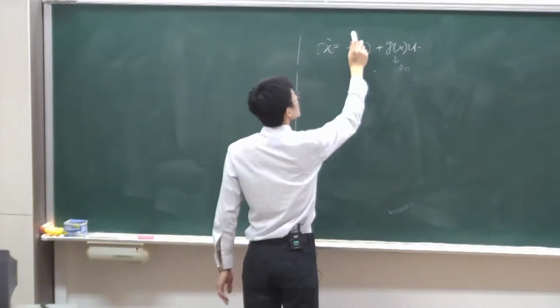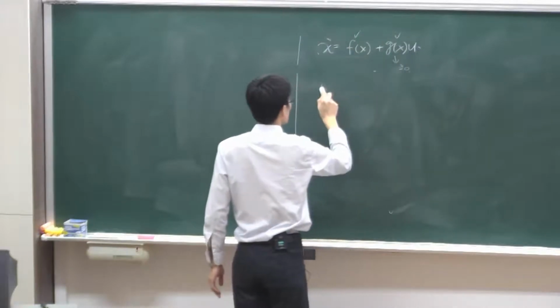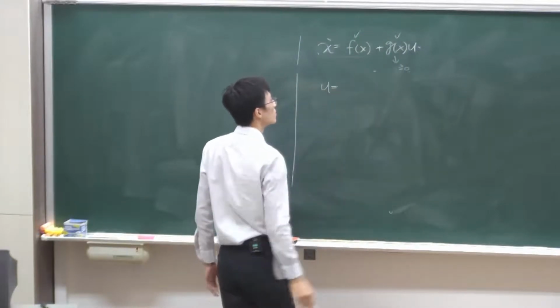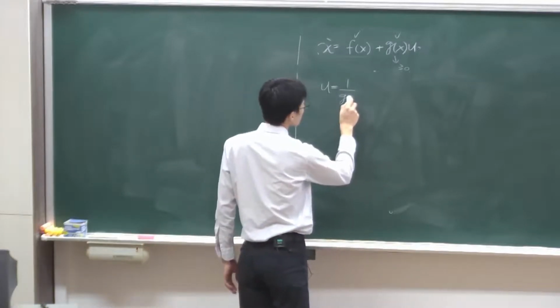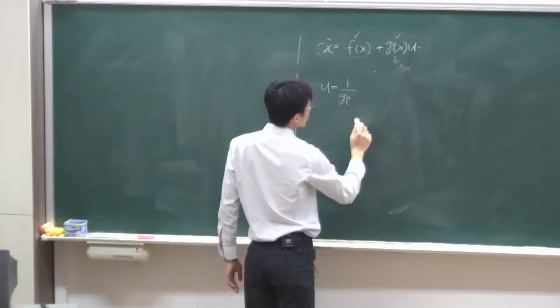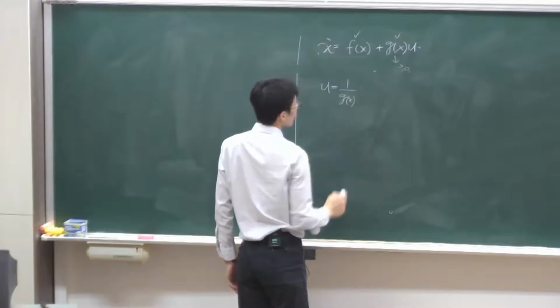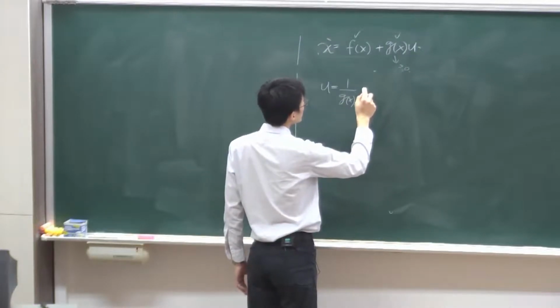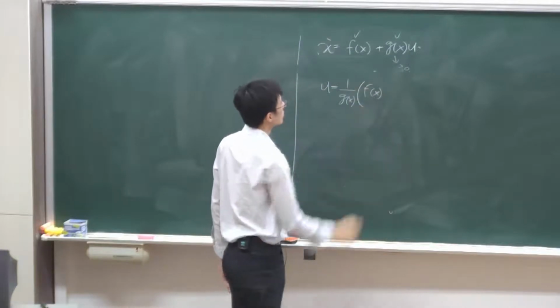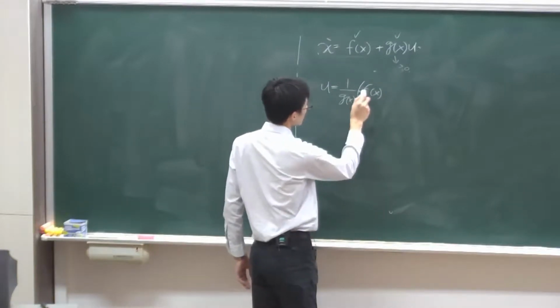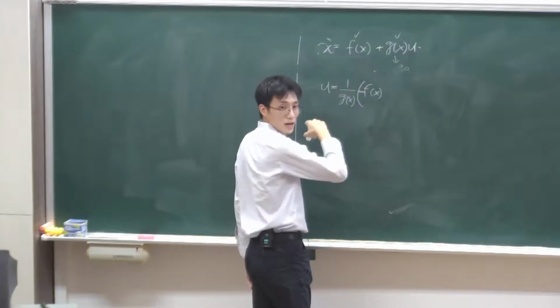With exact model knowledge, I believe you will design u as 1 over g, greater than 0. It cannot be equal to 0. Okay. And what? Fx minus f to cancel all this, right?